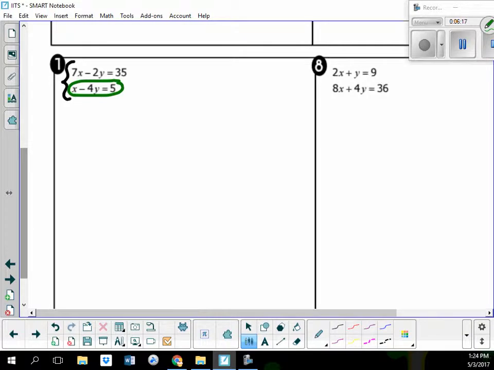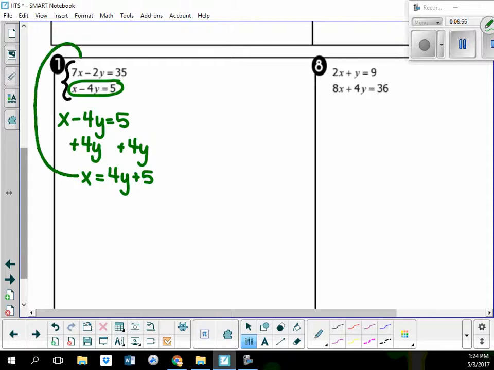I'll rewrite it here. I'm going to add 4y to both sides. So I have x is equal to 4y plus 5. That's my value for x that I'm going to plug back in to an equation here. Because I took it from this equation, I need to substitute it in for this x right here.